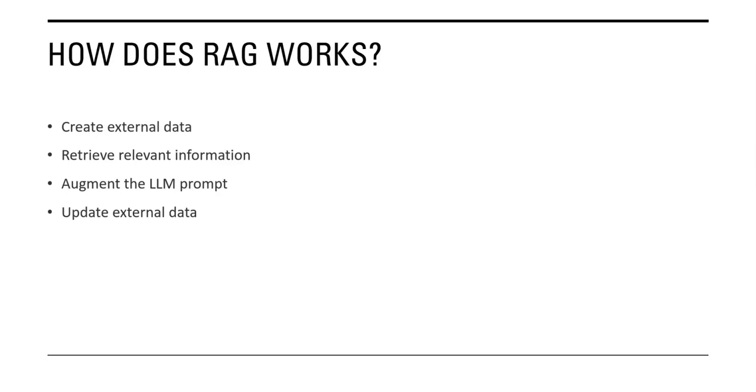External data is nothing but anything in the form of text, a PDF file, or scraping of particular information from a particular site, etc. Once you're done with that, you have to retrieve the relevant information from that, and then you have to augment your LLM prompt to have this additional information, and that is the last step.